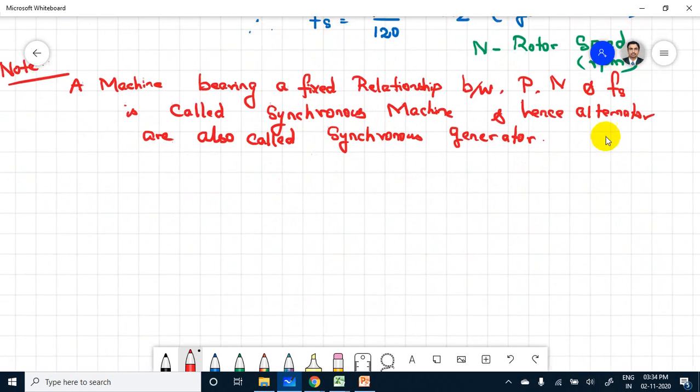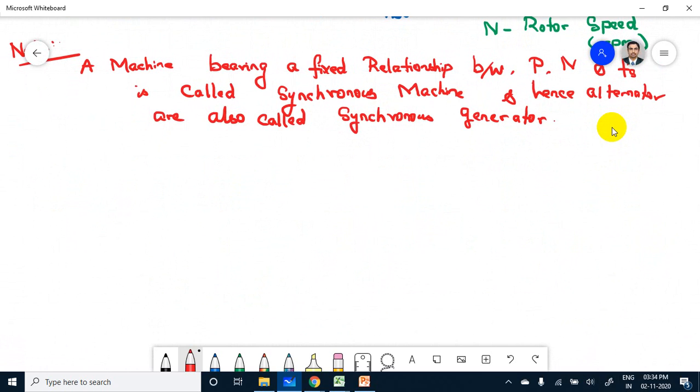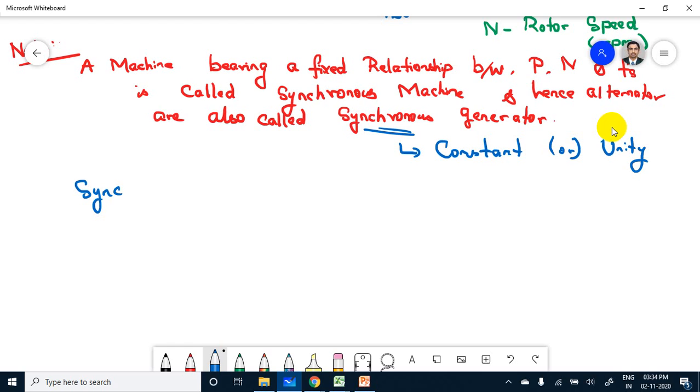Now, what is the synchronous speed? What is the notation of synchronous speed? Because everybody is talking about synchronous, it means constant, or unity. Synchronous speed notation, anyone? Lakshmipati.